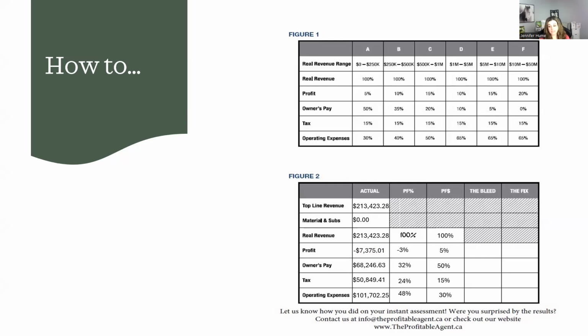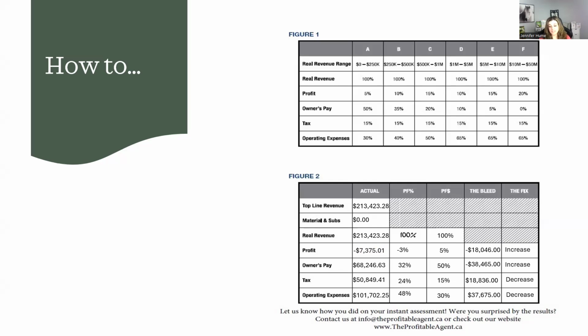So we have Sally starting off at her PF percent, but the PF dollar sign is where we want her to slowly go. So what does that mean? That means that Sally is negative profit and we need to increase that. Sally also actually needs to increase her owner's salary.